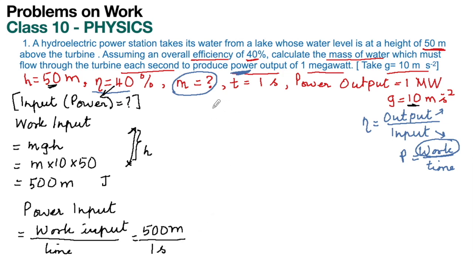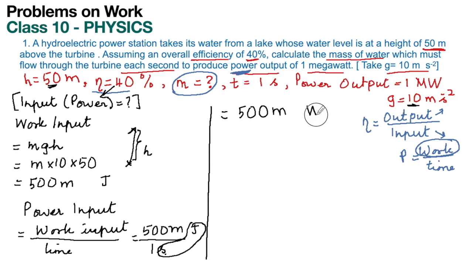Now, let me just draw a column here and I will continue this side. So it becomes 500 M. This is joule. This is second. So unit wise we have got joule per second, which means we have got watt. So this is the power input.